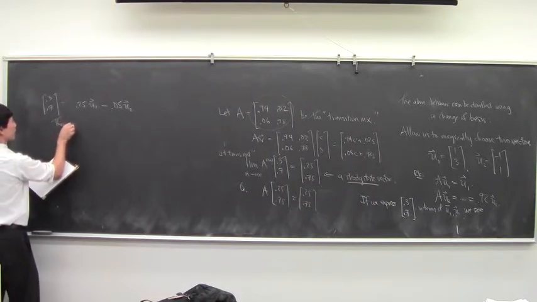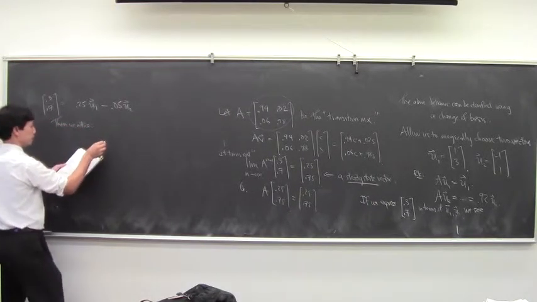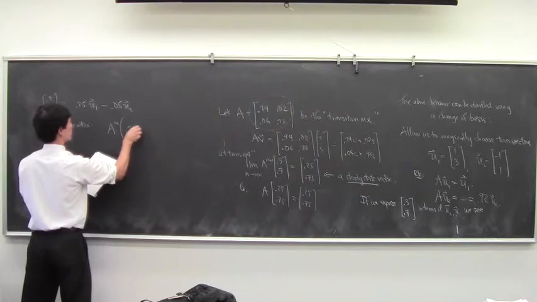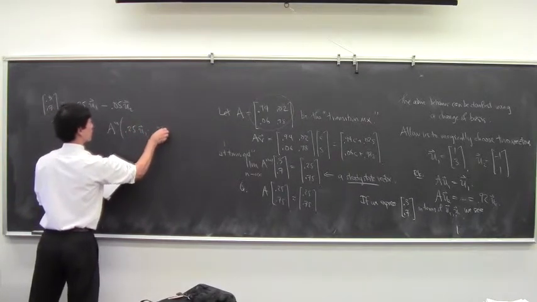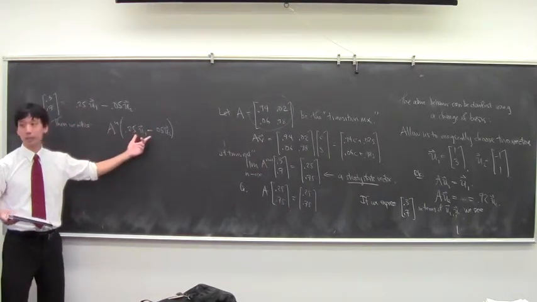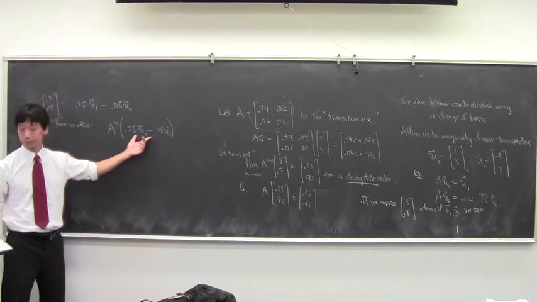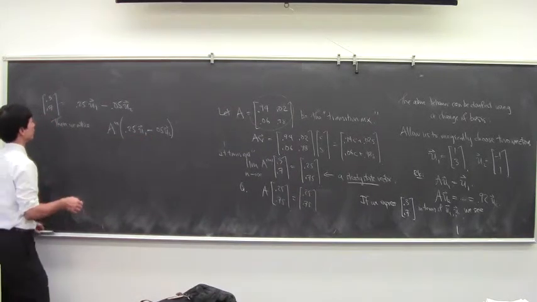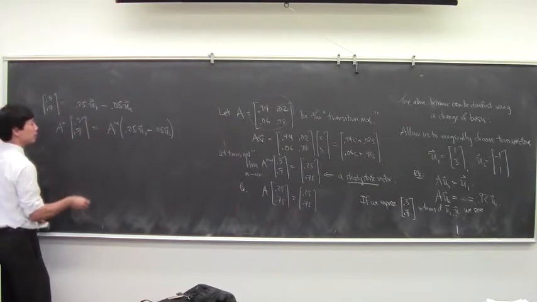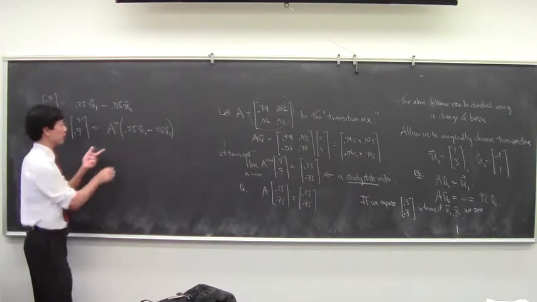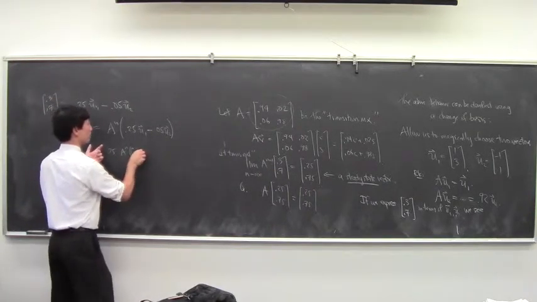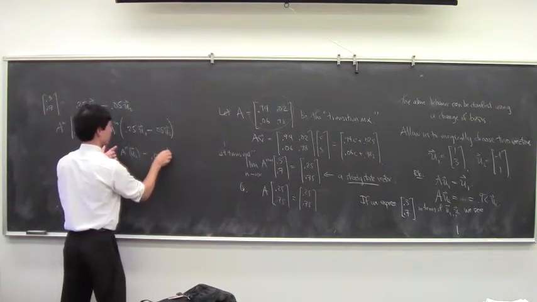Then we notice that A to the n times 0.3, 0.7, if we take A to the n and hit this thing with it, well, what happens? Well, this is going to be 0.25 A to the n u1 minus 0.05 A to the n u2.